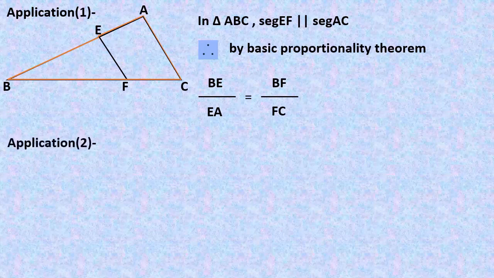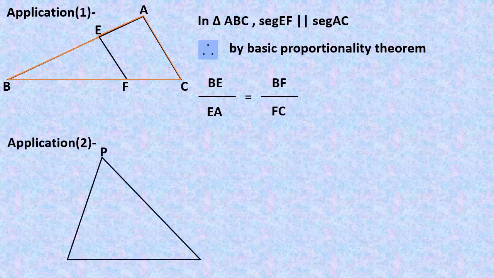In triangle PQR, segment ST divides PQ into two parts, and we consider the ratio: first is PS divided by the other part SQ, is equal to, as segment ST divides side PR into two parts, the ratio of that segment PR: first is PT divided by the other part TR.